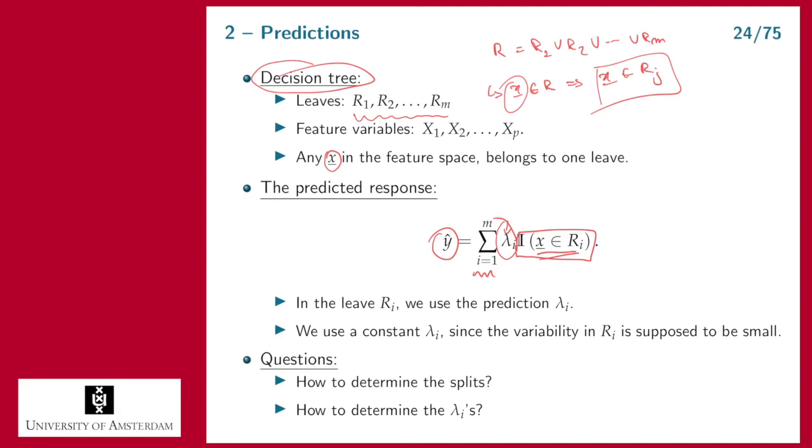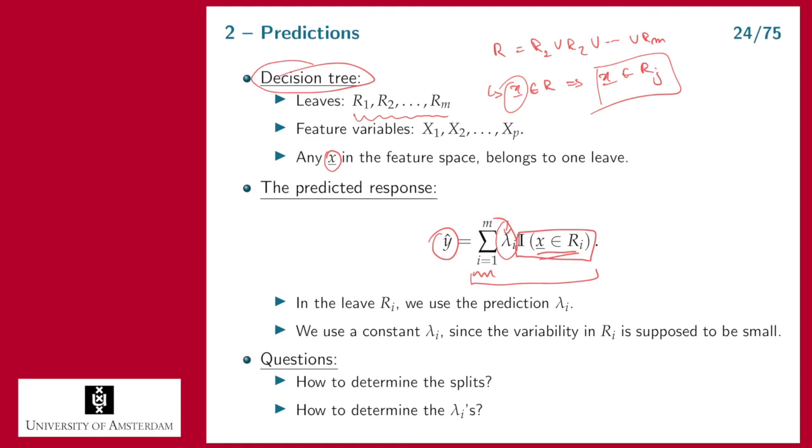So if x is in leaf Ri, we get lambda i as our estimate. Because the leaves R1, R2 are non-overlapping, we have here a sum i going from 1 to m, but there is only one term that is non-zero. All the other terms are 0.